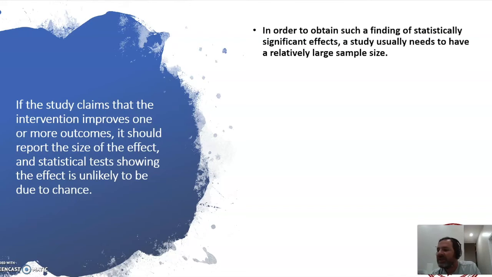In order to obtain such a finding of statistically significant effects, the study usually needs to have a relatively large sample size. A rule of thumb is to say that a sample of at least 300 students, 150 in the intervention and 150 in the control, is needed to obtain a finding of statistical significance for an intervention that is modestly effective.